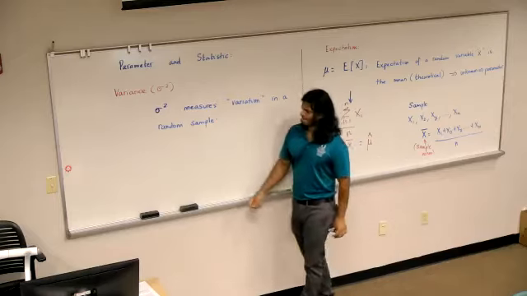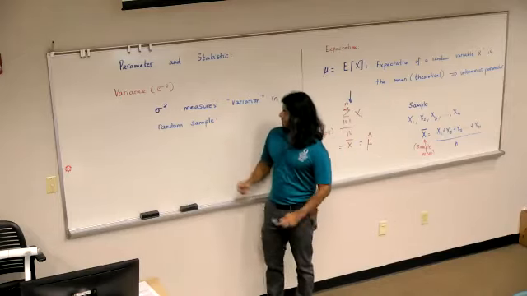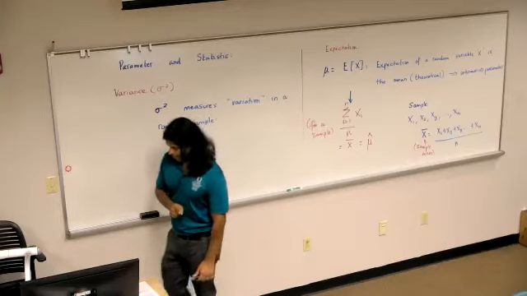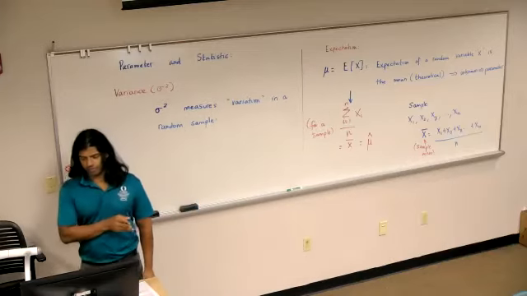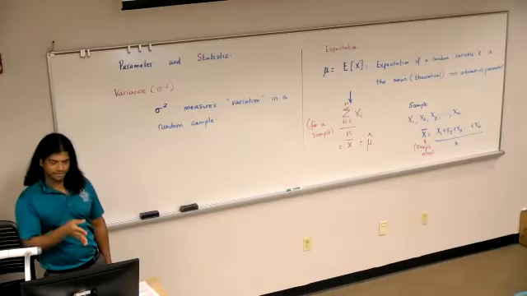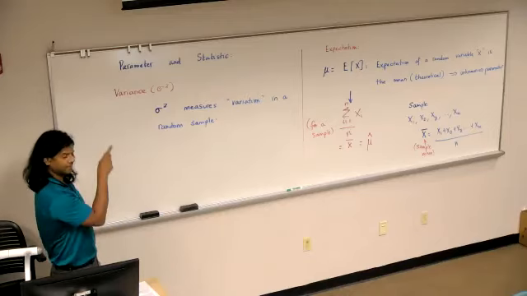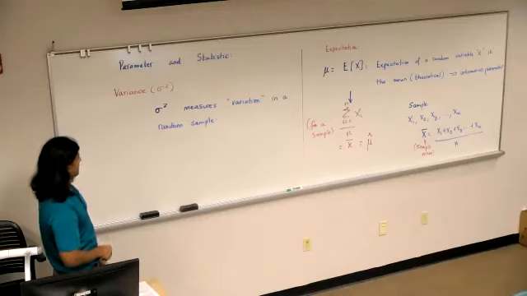Now, what I'm going to mention is how an observation deviates from the mean. So I'm going to write the formula for variance in a theoretical sense.